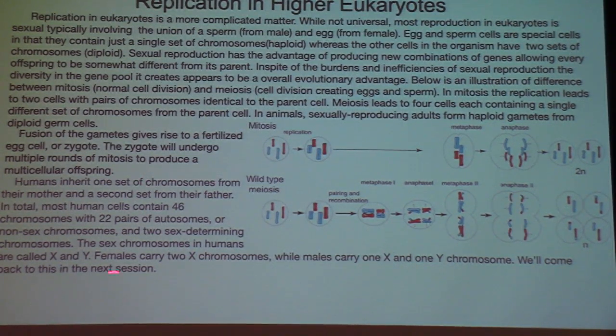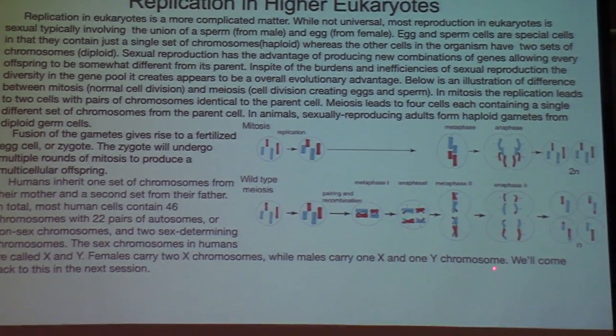The sex chromosomes in humans are called X and Y. Females carry 2 X chromosomes, while a male carries only 1 X and 1 Y. And we'll come back to that in more detail in the next session.